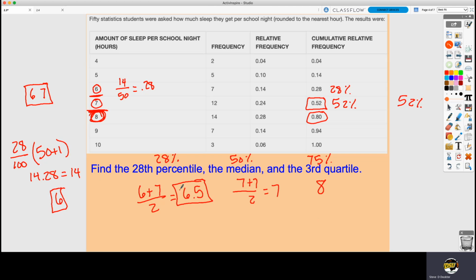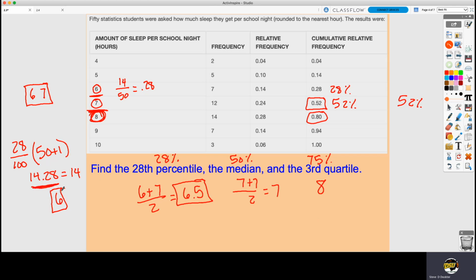The reason why this one is 6.5 and this one is 6 is because we rounded this. If this were exactly 14, if we divide this out and it's exactly 14, then you would have the same answer for both of these. But it's not. And that's the difference between them. It just has to do with how we rounded the numbers. Okay, that make more sense?